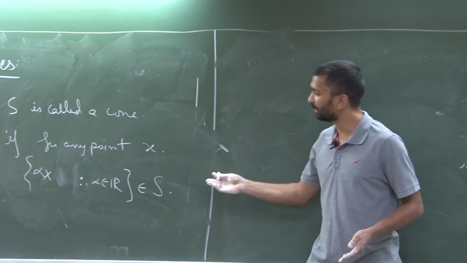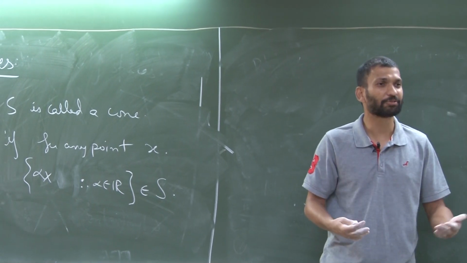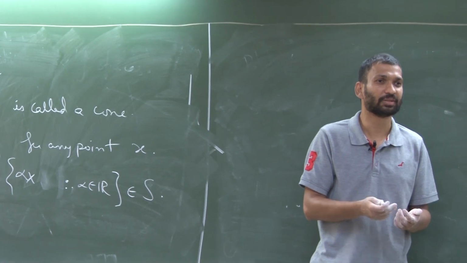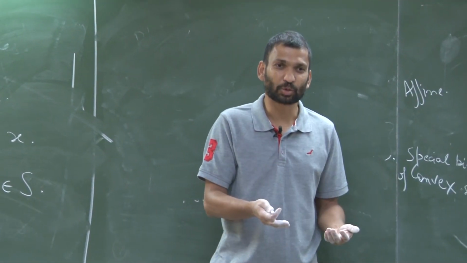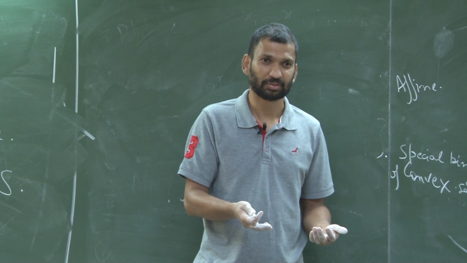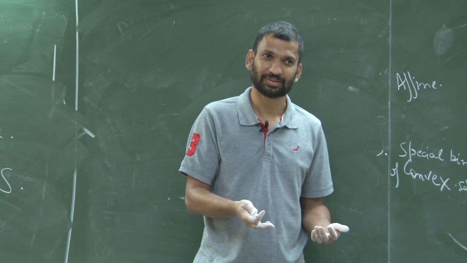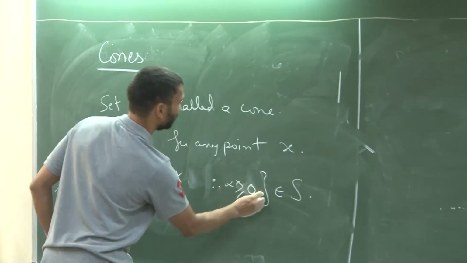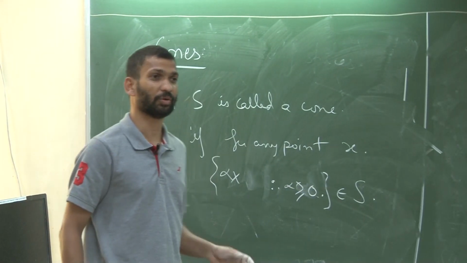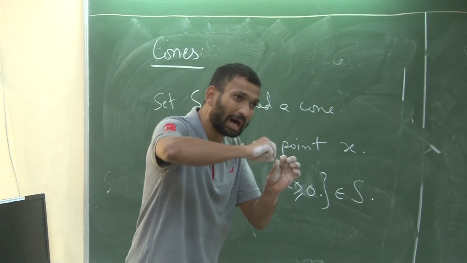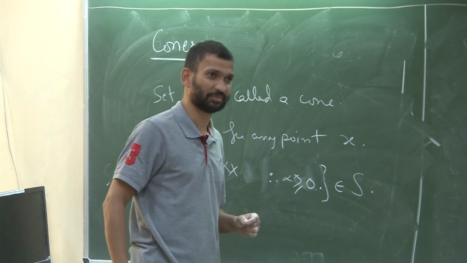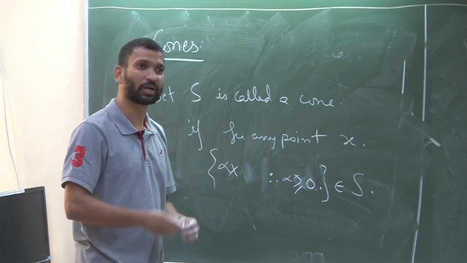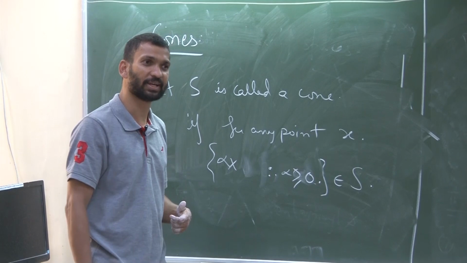And now you might be asking, is it true that if I take two points, their conic combination is inside the cone or not? What do you think? Half line. Yes. So what do you think? Does the cone contain all possible conic combinations of the points inside it?